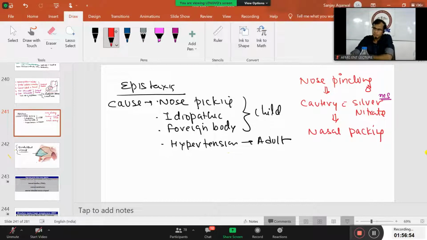Pack the nose. And if this fails, ligation of arteries. So it's a very similar sequence to the tonsil that we discussed. Leaving out packing, it is the same. Tonsil: pressure, then cautery, then ligation. Here: pressure, then cautery, then packing and ligation. Packing is the only difference, otherwise it is very similar. So for any bleeding, the sequence is the same.